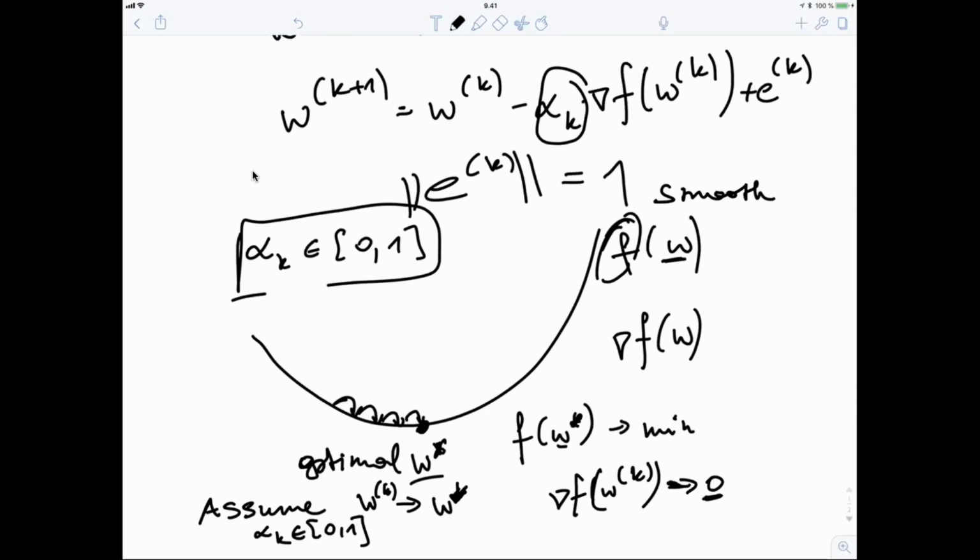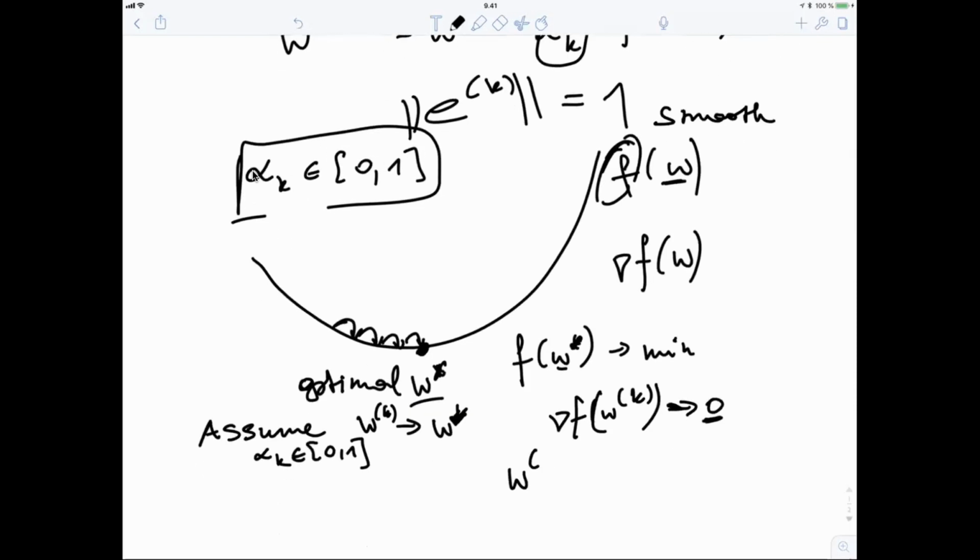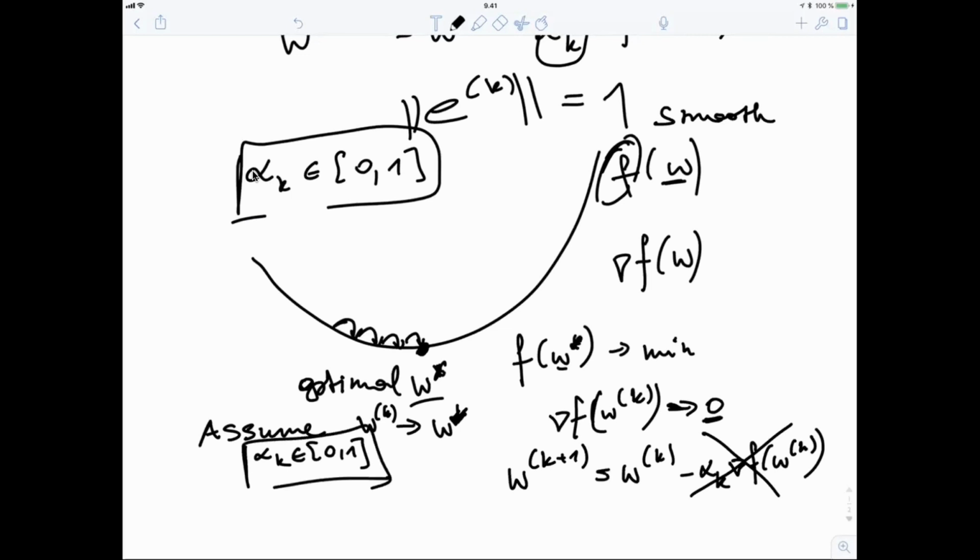Okay, but if we then look at the update of the perturbed gradient descent step, what we get is minus alpha k times this gradient, which gets smaller and smaller. So this eventually becomes negligible because alpha k cannot be larger than 1. We cannot amplify this ever more decreasing gradient, this gradient that goes towards the 0 vector, arbitrarily large because alpha k is required to be between 0 and 1.